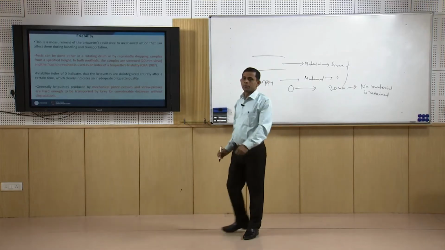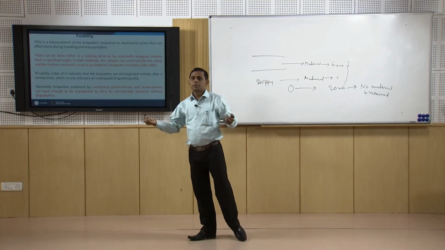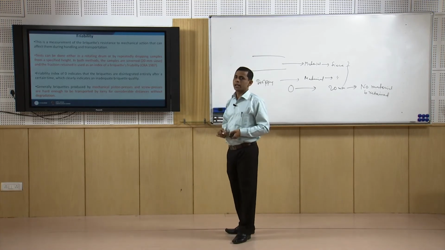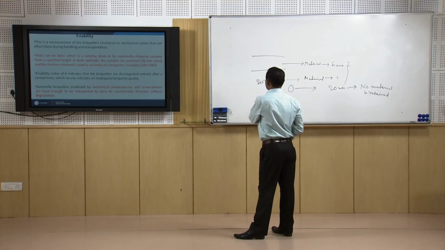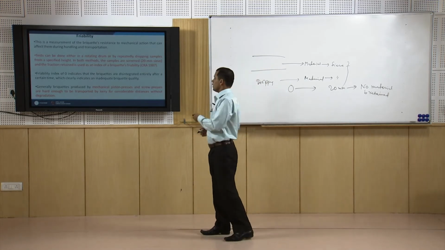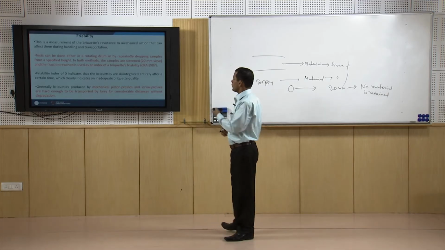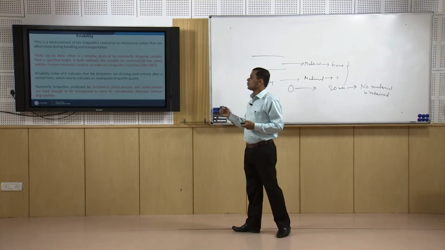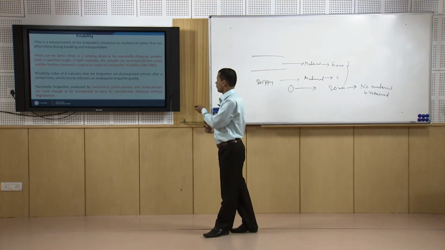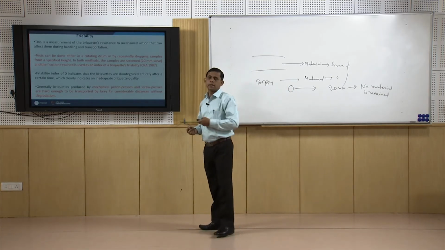That means all of it is fragmented, broken down. So, that is not desirable. A 0 friability index is not desirable. Generally, briquettes produced by mechanical piston press and screw press are hard enough to be transported by lorry for considerable distance without any degradation.